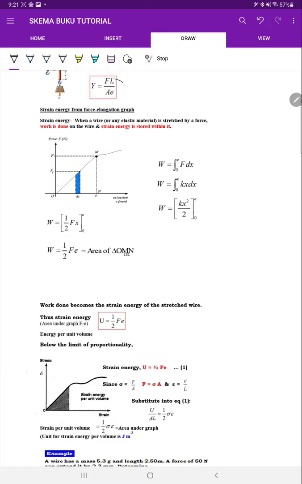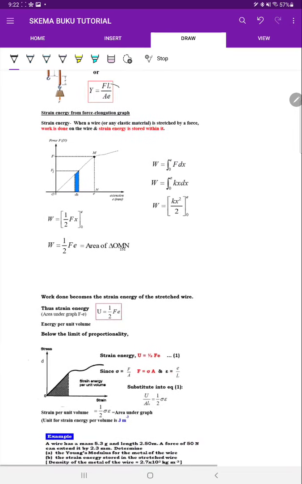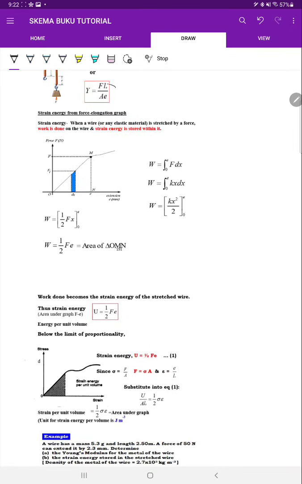Kita integrate F dx, so kita akan dapat work done sama juga dengan half Fx ataupun half Fe, elongation. Sama juga dengan area under the OMN.